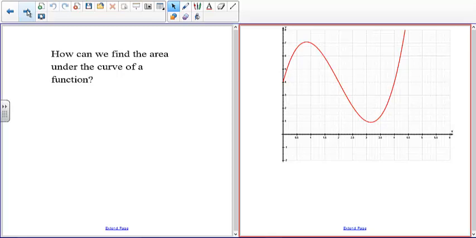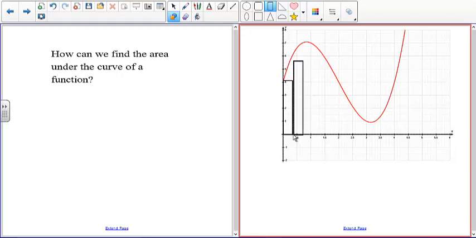Well, we talked about this in the first week of school, so it's not something we haven't talked about before. But one simple approximation would be to make rectangles of certain heights, and we know how to calculate the area of a rectangle. It's just the width times the height.